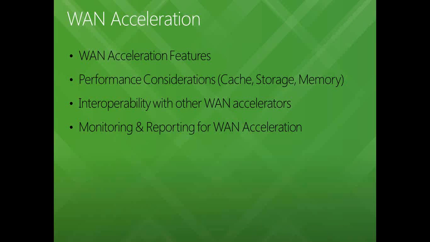The most important thing is WAN acceleration: its features, performance considerations, interoperability with other WAN accelerations, and monitoring and reporting for WAN acceleration. Storing backups offsite has always been a challenge, as you're moving large chunks of data from one side to another.